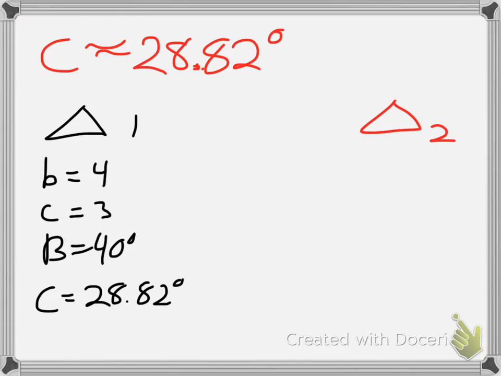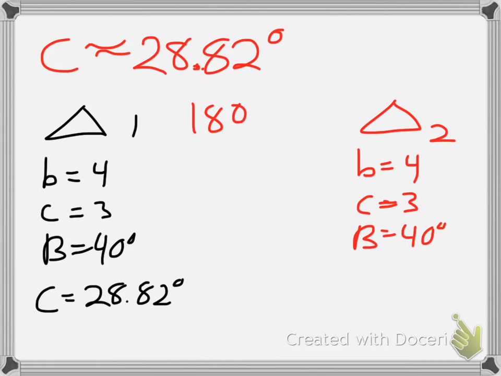For my second triangle, I can assume B is 4, C is 3, and angle B is 40. Now to find my potential second angle C, I'll take 180 and subtract 28.82. So my second potential angle C is about 151.18 degrees.